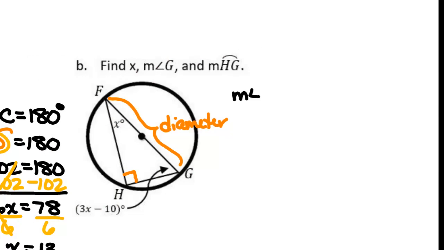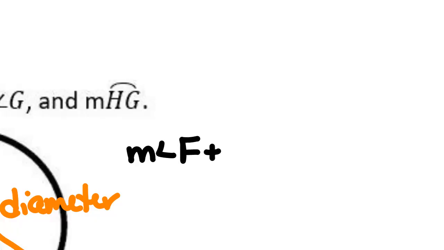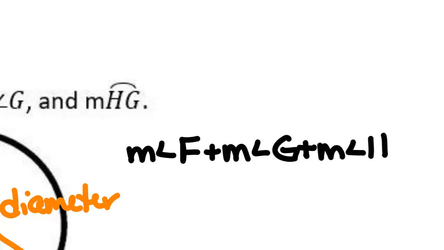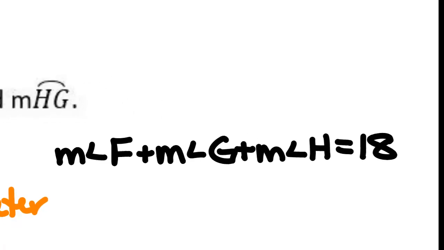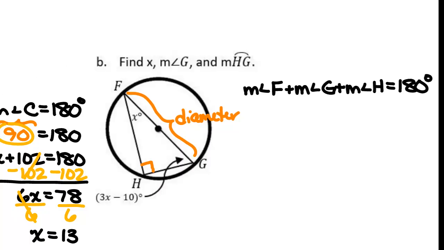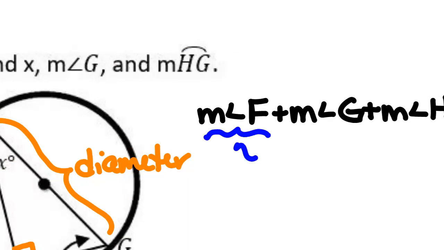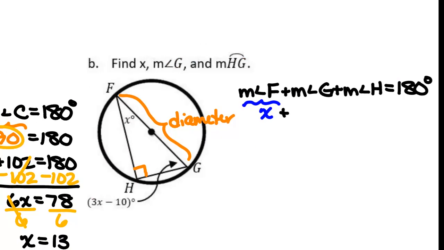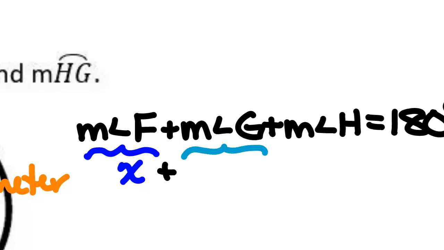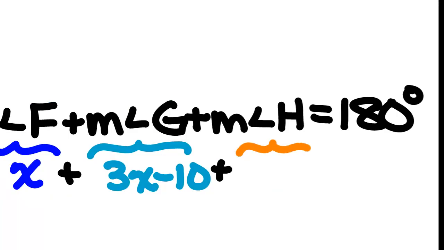So the measurement of angle F plus the measurement of angle G plus the measurement of angle H is 180 degrees. Angle F is x plus the measurement of angle G, which is 3x minus 10, plus the measurement of angle H, which is 90, equals 180.